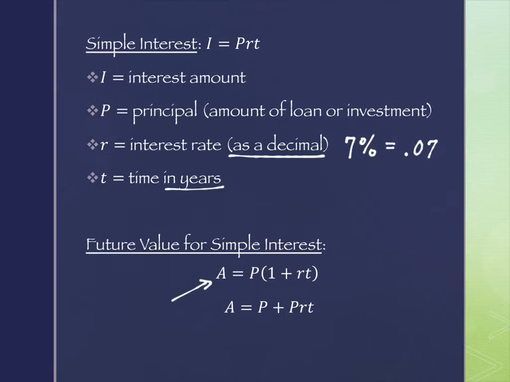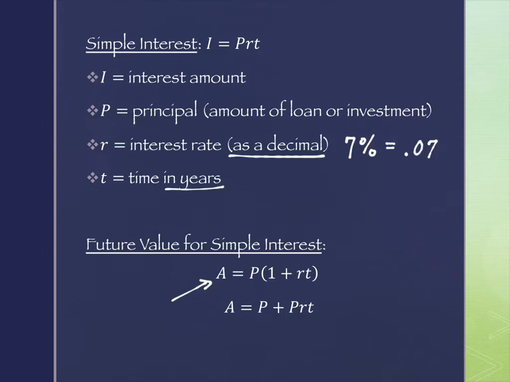A is simply the amount that you have after it's all over with, or the amount you've paid after it's all over with. Okay, you've seen these before. This is not new. You may not remember it, but you have seen them before. This typically shows up for the first time in an Algebra 1 course. It's probably been a long time ago.